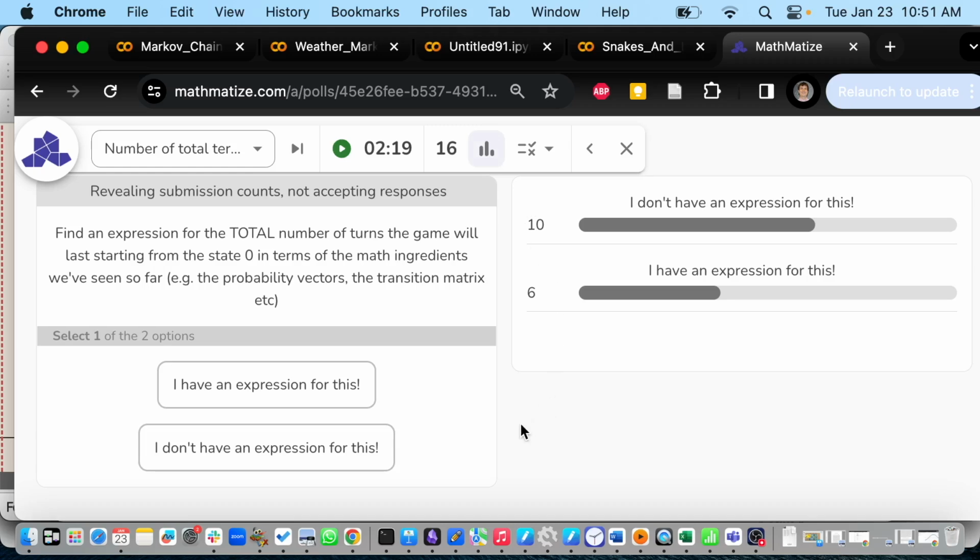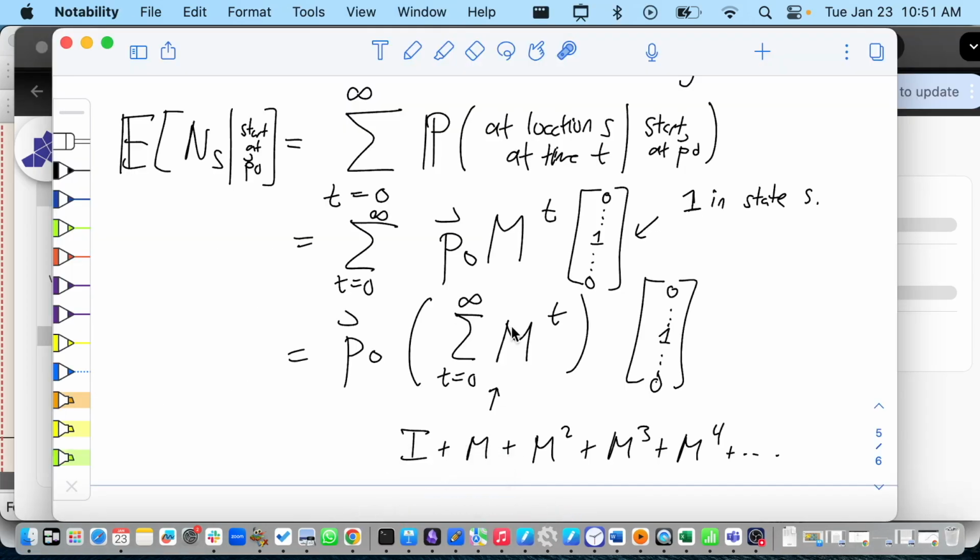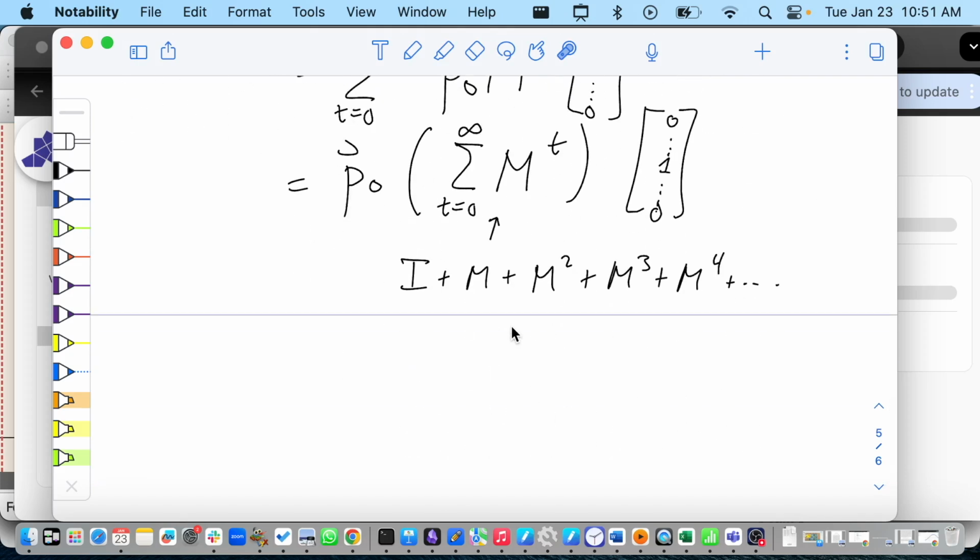And let me give a hint, which is that the number of turns the game lasts is the sum of the number of times you visit all the squares 0 to 8. Right? So square 9 you will visit infinitely often, for sure, but squares 0 to 8 you visit each of them some number of times, and the total number of times you visit them is exactly the number of turns the game lasts. Okay, so the number of turns is exactly n0 plus n1 plus ... plus n8.